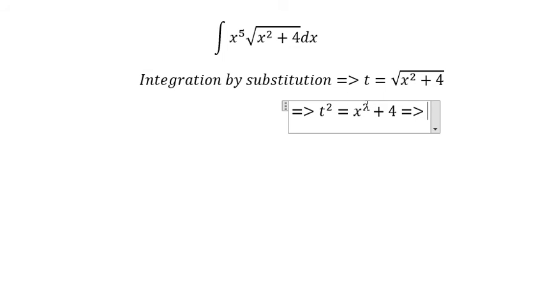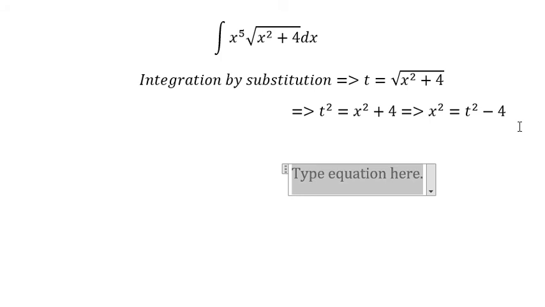We find x to the power of 2. We take the first derivative on both sides. And we eliminate.